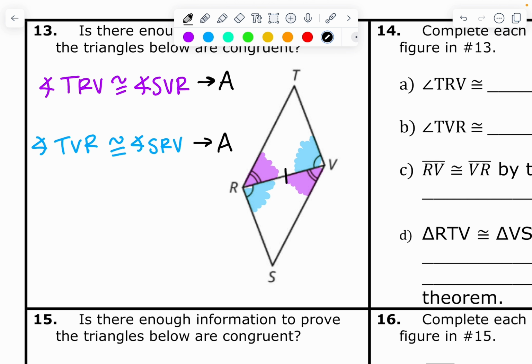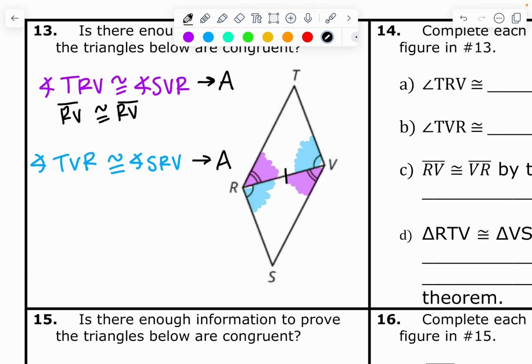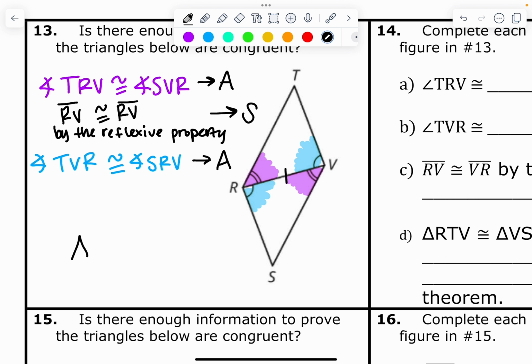Boom. RV is congruent to itself by the reflexive property. And that's the side. So that would be angle, side, angle.